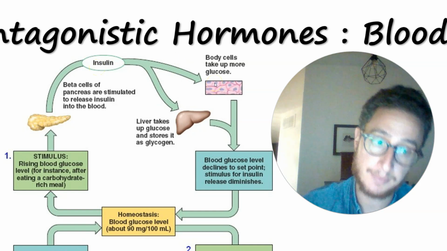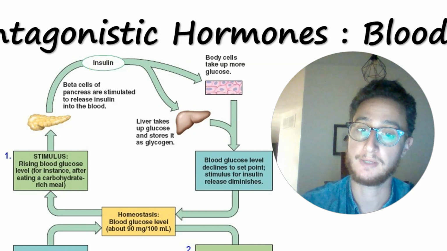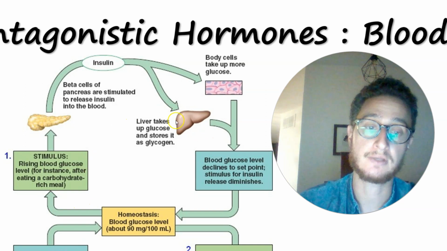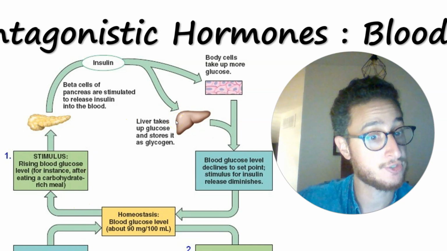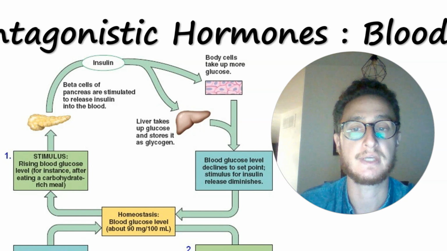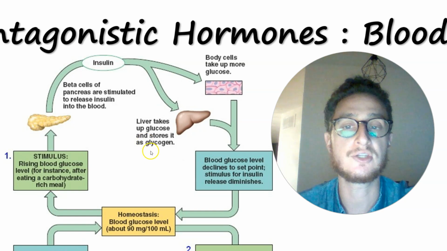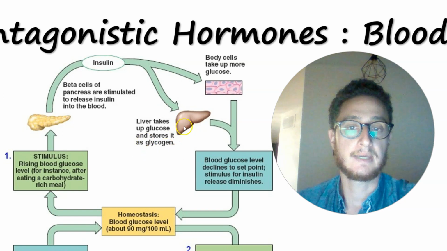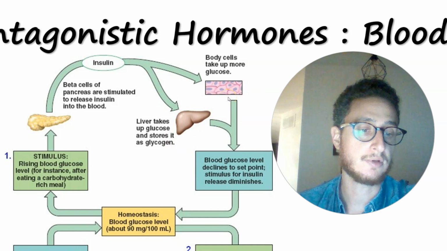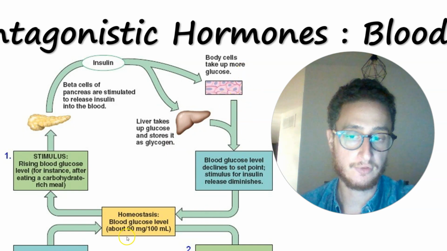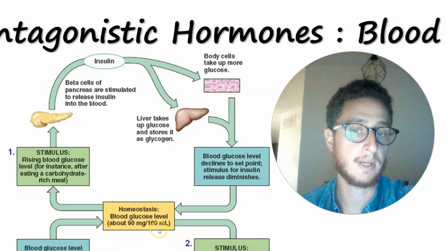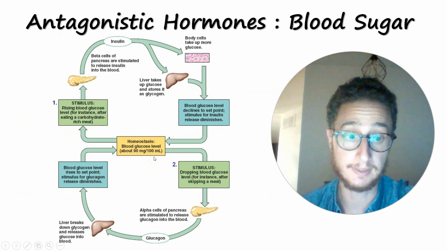It's going to say uptake more glucose from the blood, and in particular your liver. It's going to say store that glucose for the day in the form of glycogen. And both of these actions are taking glucose out of the blood, so your blood sugar level should come back down to 90 milligrams per 100 mils fairly quickly.